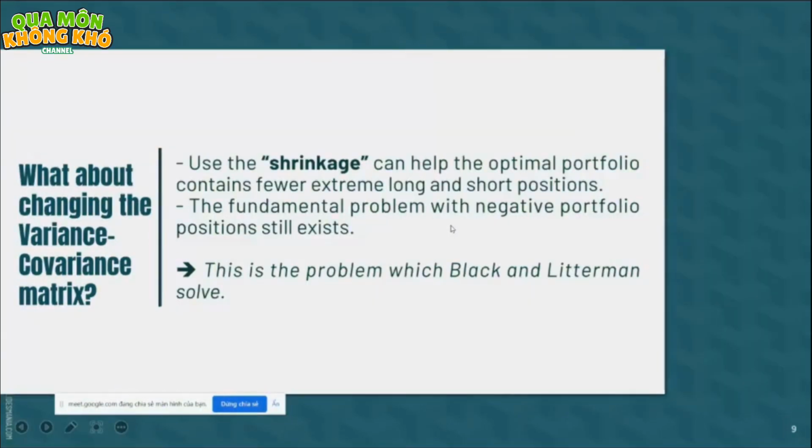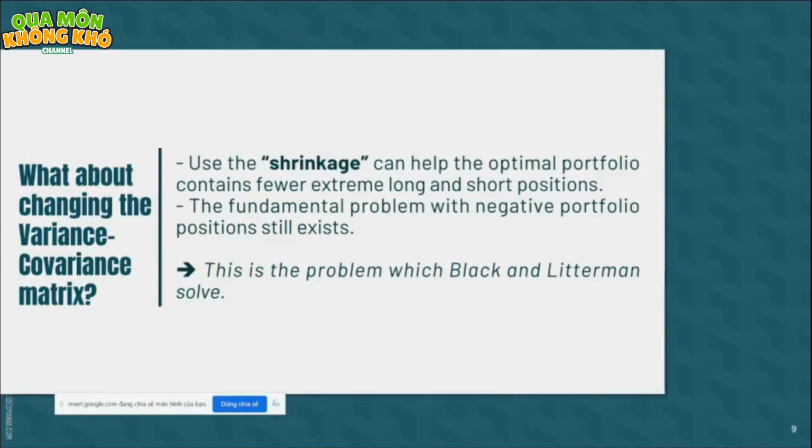So what about changing the variance and covariance matrix? We can use the shrinkage that I mentioned in the previous chapter, which is taking a convex combination of the sample variance and covariance matrix with a diagonal matrix of only the variances.